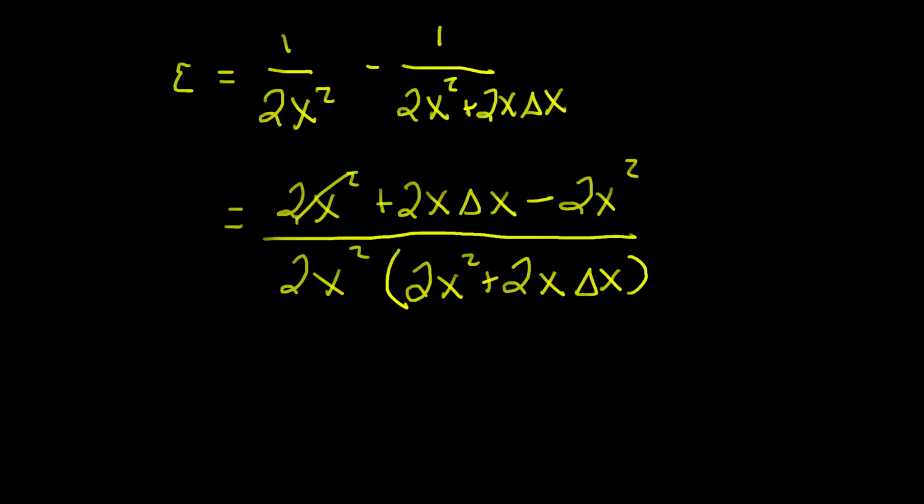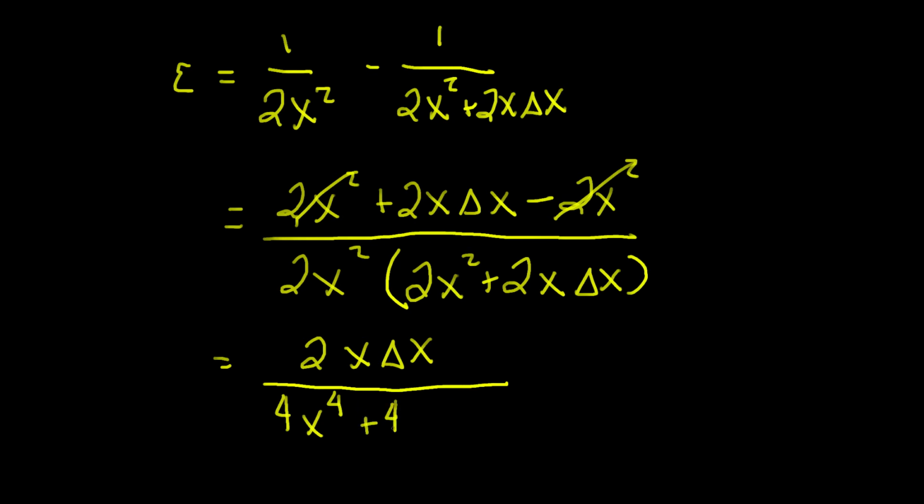So the 2x squared cancels with the negative 2x squared, and I get 2x delta x divided by, distributing through here, 4x to the fourth plus 4x cubed delta x. And in the numerator, we see that this is now an infinitesimal.